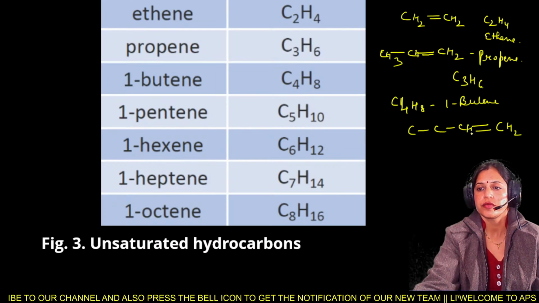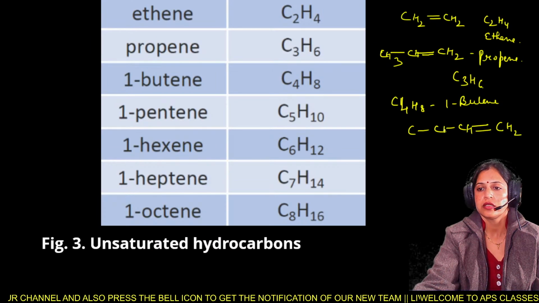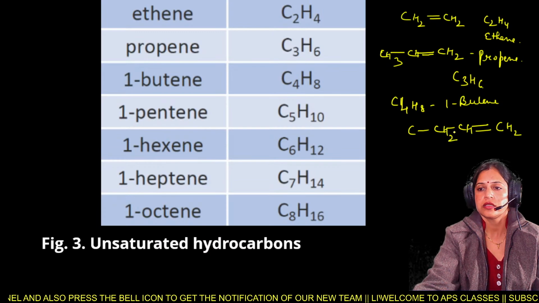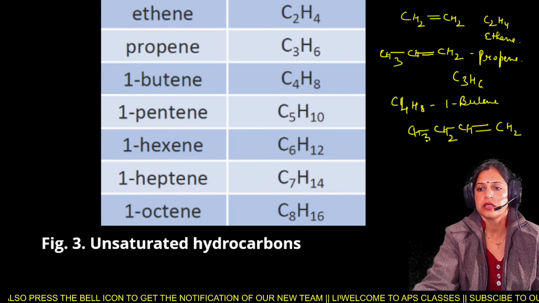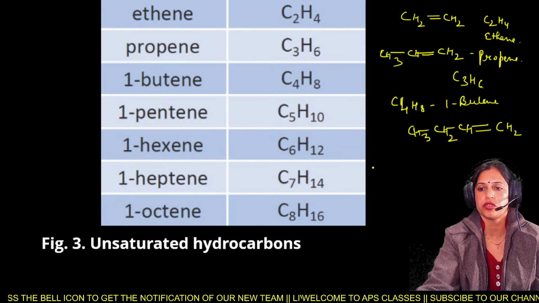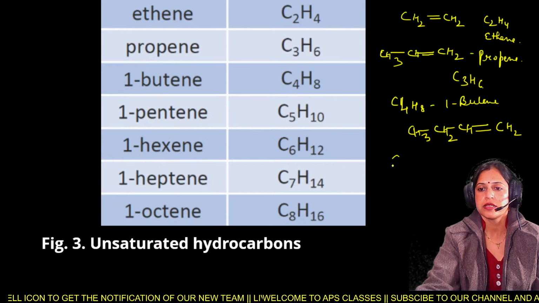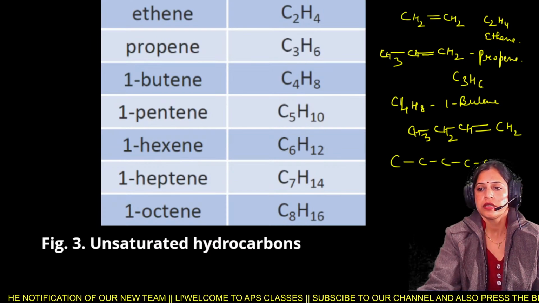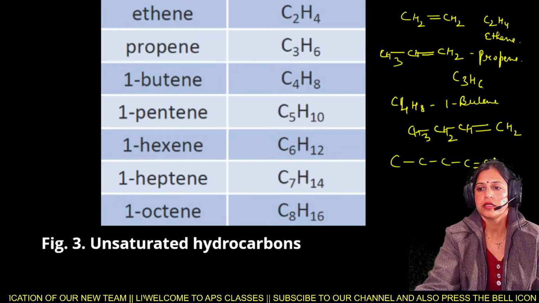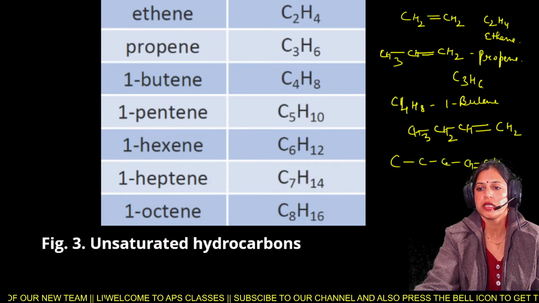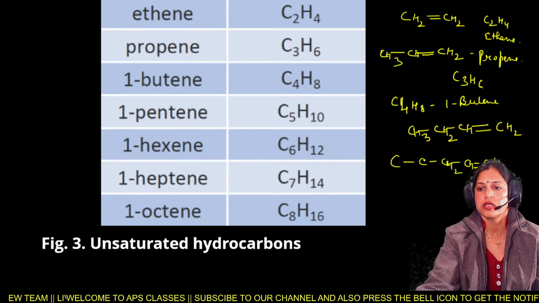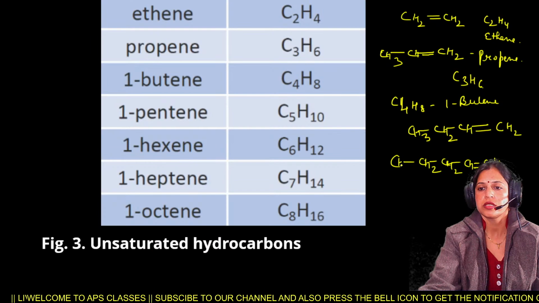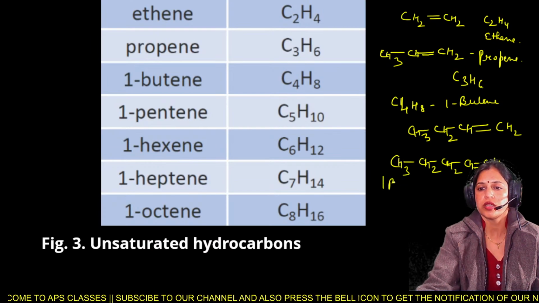CH2 CH2 CH3. This is 1-butene. Next is 1, 2, 3, 4, 5: CH2 CH2 CH2 CH3, that is 1-pentene.